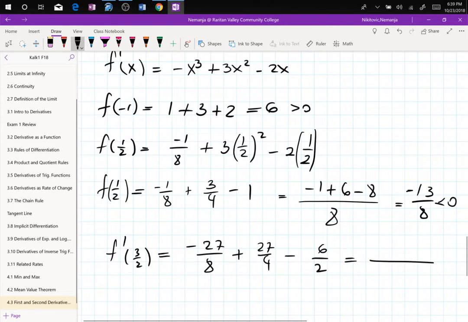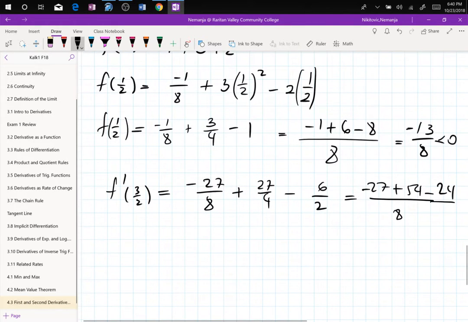Fix this common denominator, which is 8. So we have negative 27 plus 54 minus 16. Now negative 27 minus 24 is negative 51.